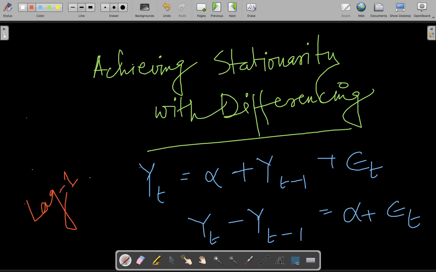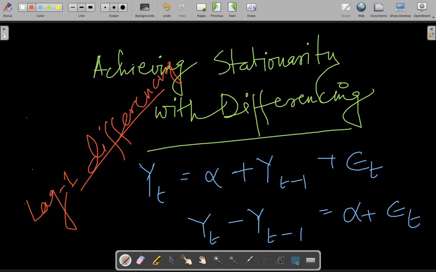In most of the time series that we'll see, the value at the tth time is influenced by the value at the t minus 1th time.